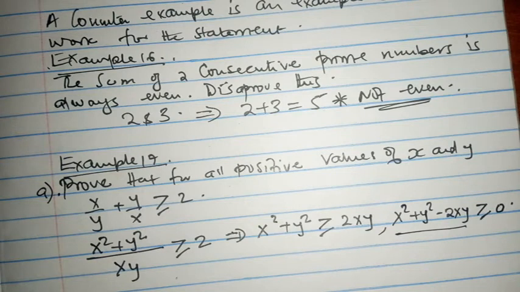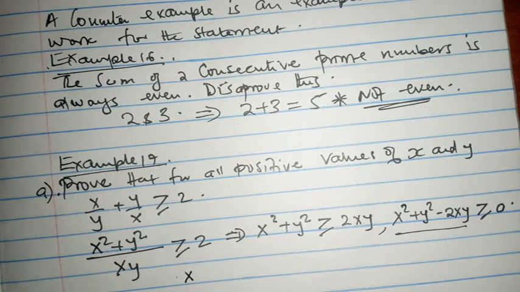This statement is very familiar to all of us because it gives us something that we already know, and if you factorize, we're going to have x minus y all squared is greater than or equal to 0.